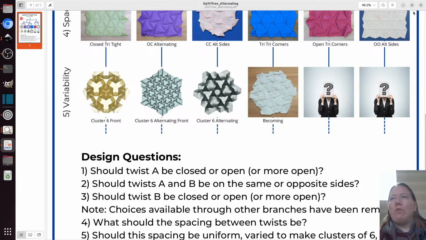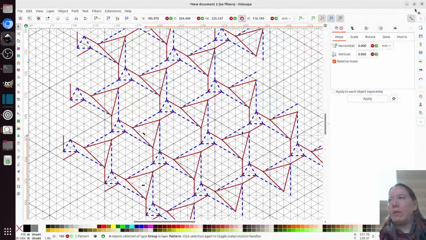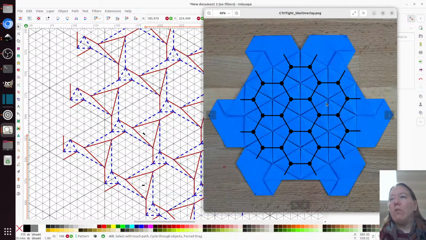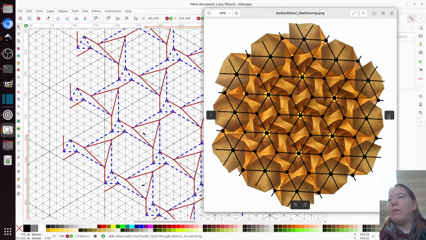So the equilateral triangles is kind of a simple case of tilings. There's a lot more that we can do with it. And we can also use this to analyze more complex structures.